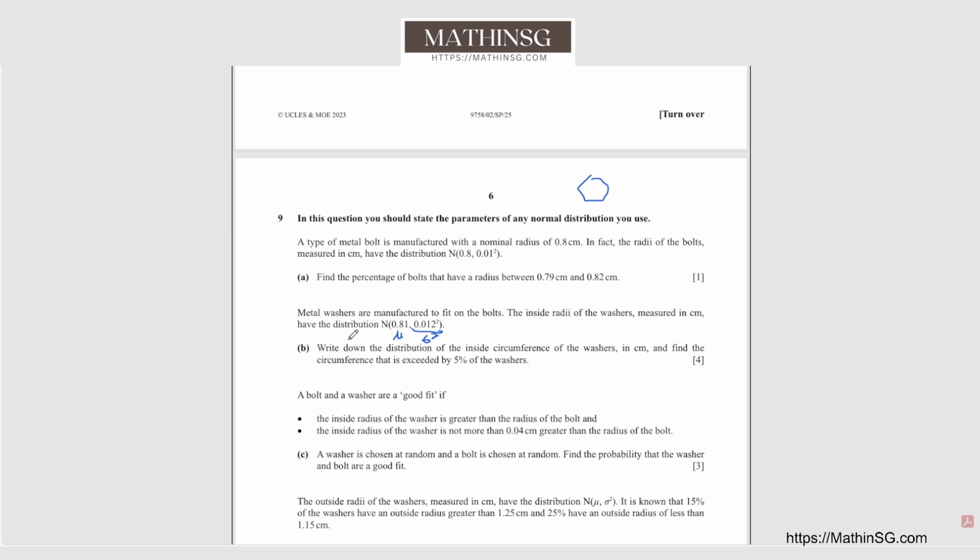Okay, and you're asked to write down the distribution of the inside circumference of washers in cm and find the circumference that is exceeded by 5% of the washers. So what we'll do is, again, we need to define the inside circumference of the washer. So we know that the radius of the washer is taken by this. So how do you find circumference? Circumference is basically 2 times pi times r, right?